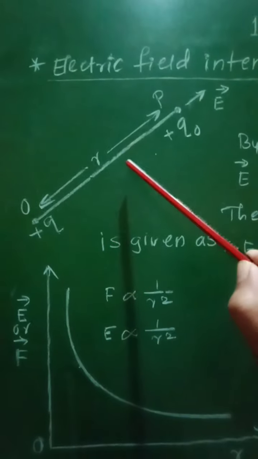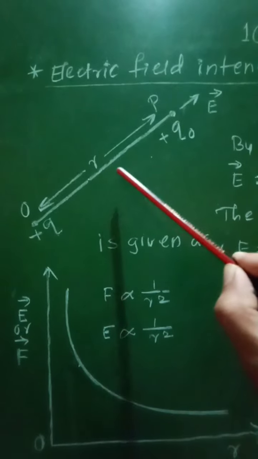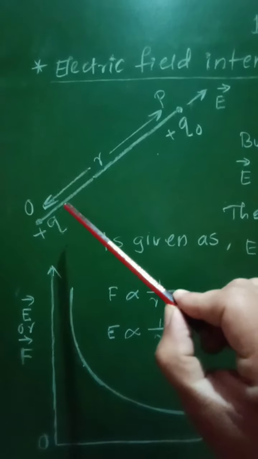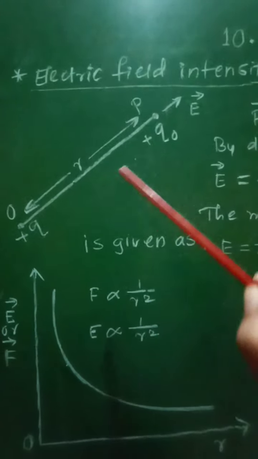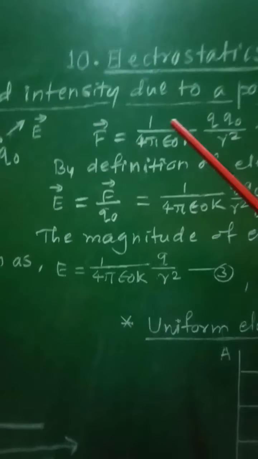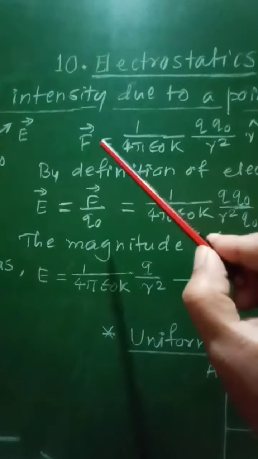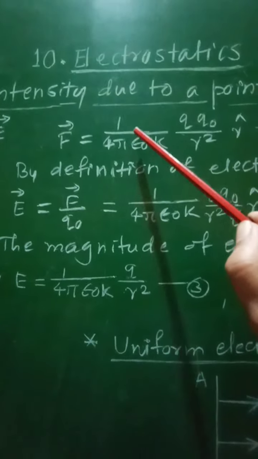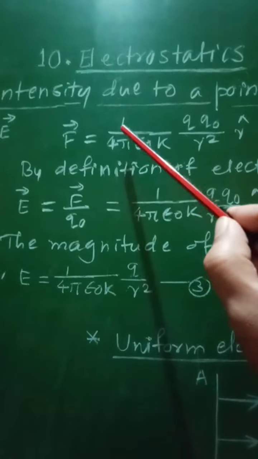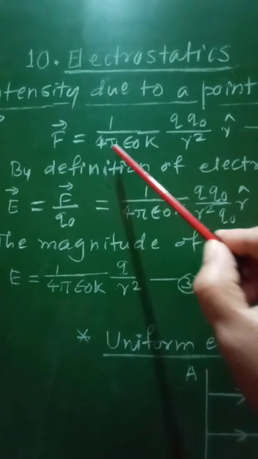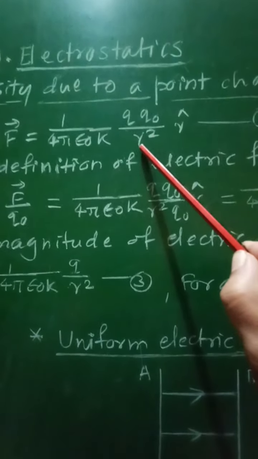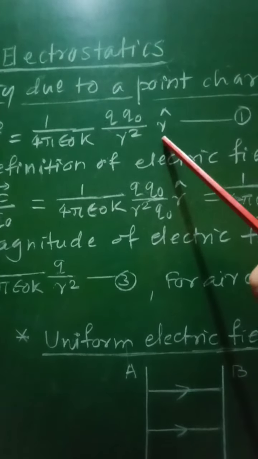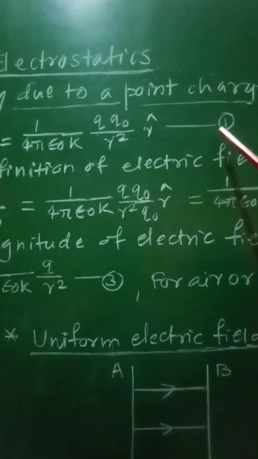Therefore, by definition of Coulomb force, the force between two charges Q and Q0 will be given by the expression, force F equal to, in magnitude and direction, 1 upon 4 pi epsilon 0 K, Q Q0 upon R square into R cap, equation number 1.